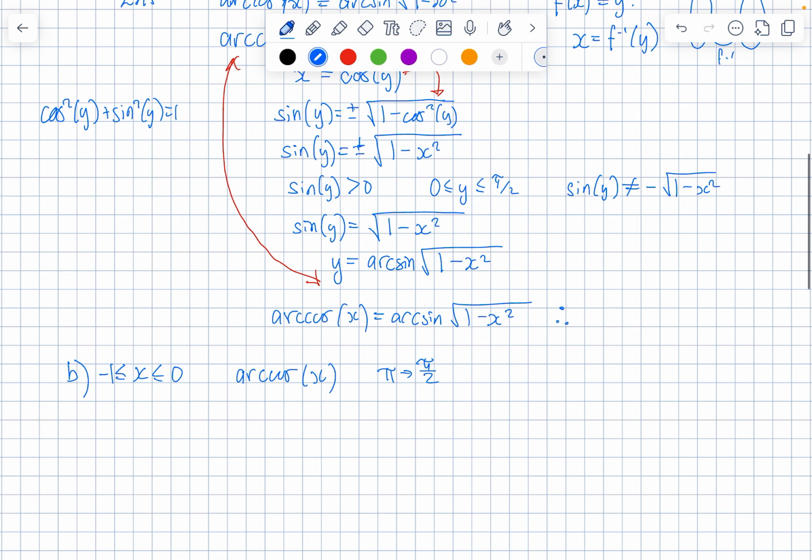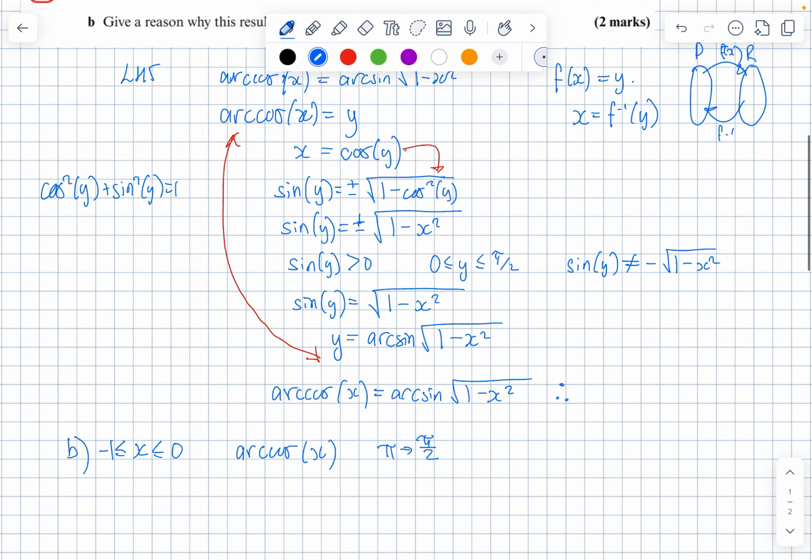You remember if we draw this, we know that it looks like that. So when x is negative, that's going to be between pi over 2 and pi. Okay, so we know that's true.